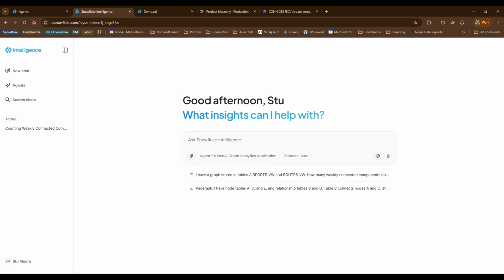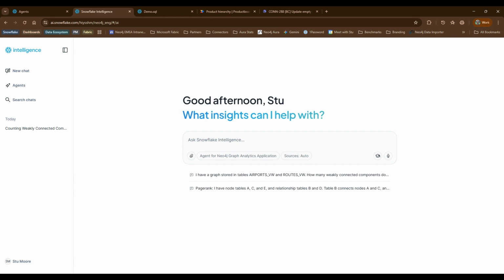But equally, for people who want to provide natural language question capability to their business users without them having to understand algorithms, knowing which one to run, this experience makes it so easy to get those answers.